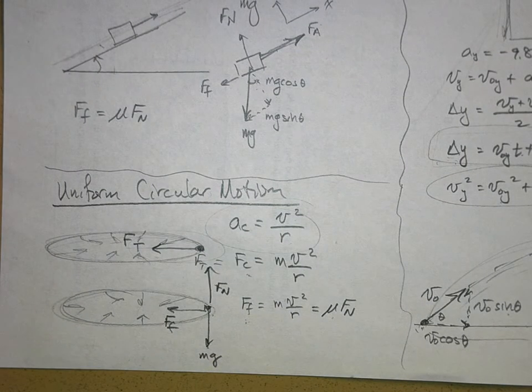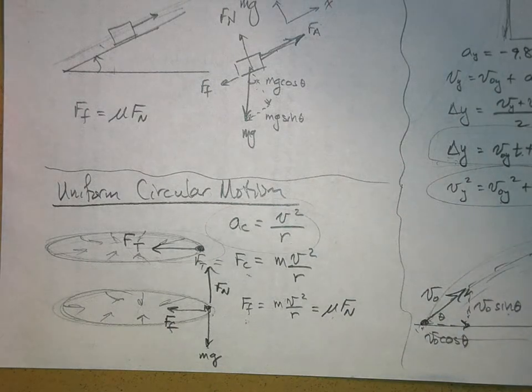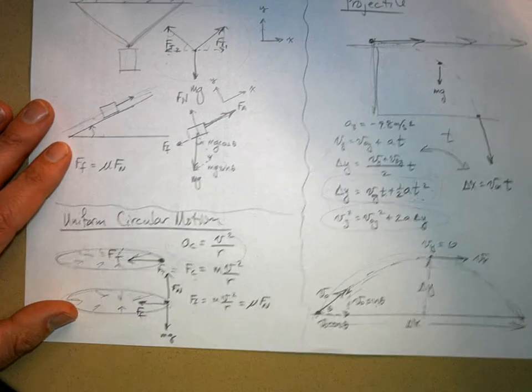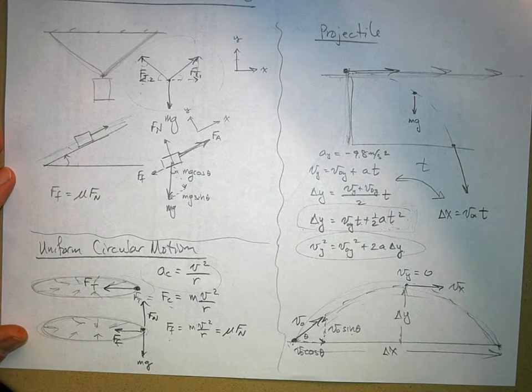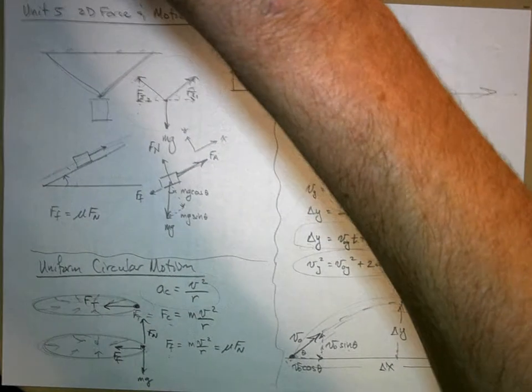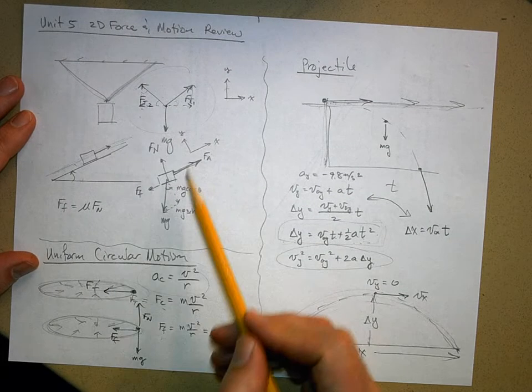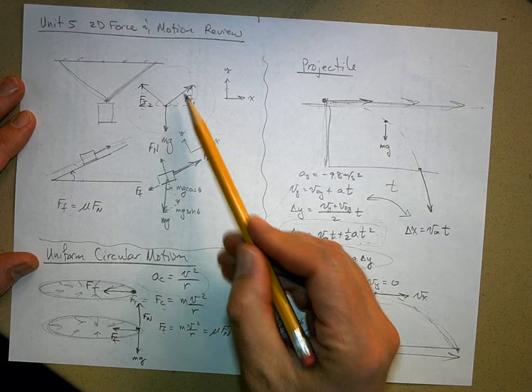So when you look at this chapter, or this unit, it's all about doing the stuff that we did before, but now we're applying it in 2 dimensions. Here we've got forces that need to be broken up into their x and y components.